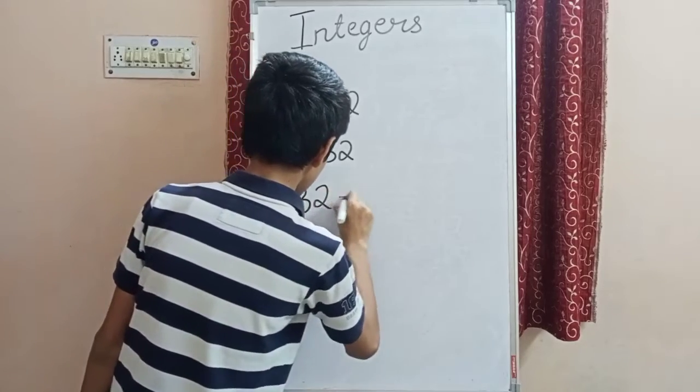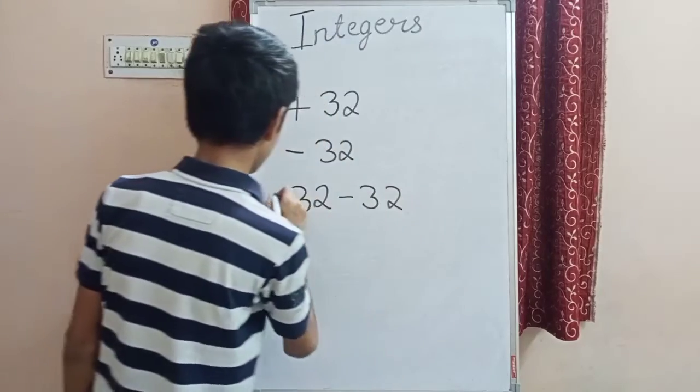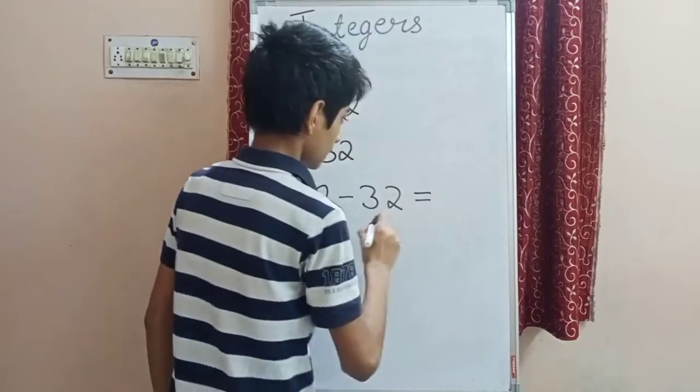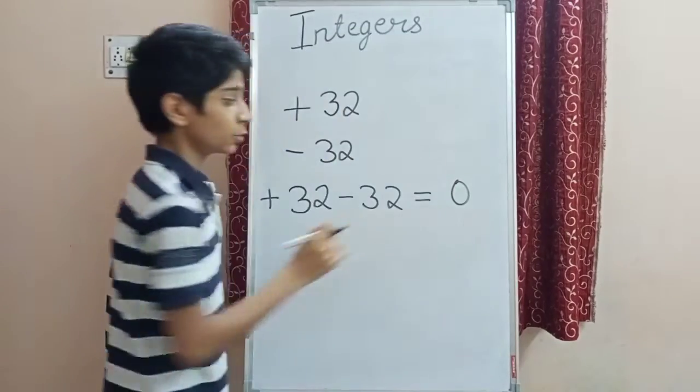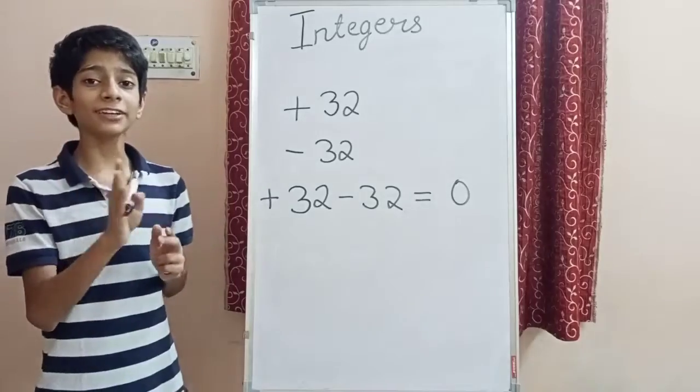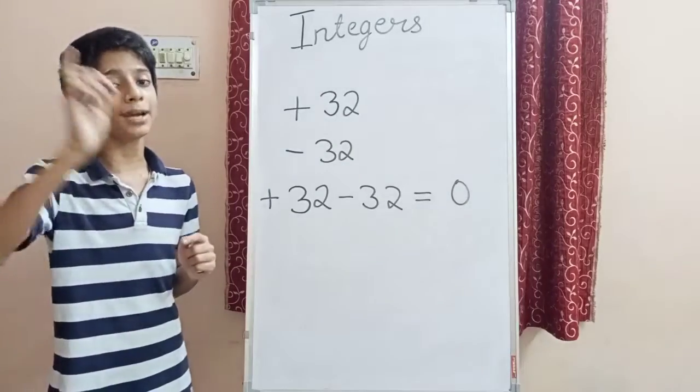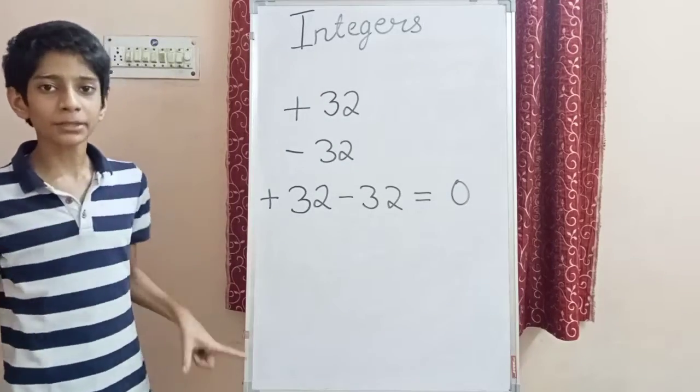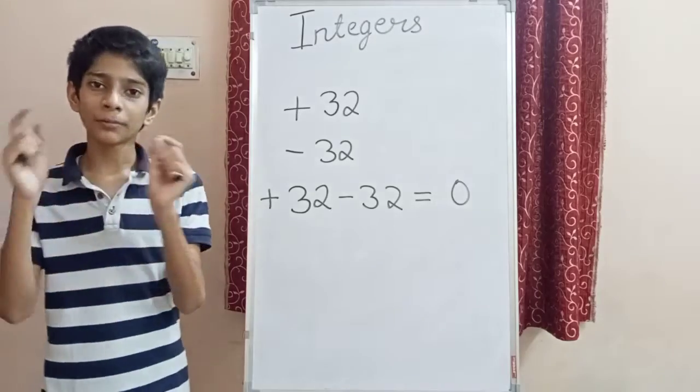So we do 32 minus 32, and here we can write it as plus also. So the answer comes as 0. This is the rule: when we subtract a positive integer and the negative integer of the same number, the answer will always be 0.